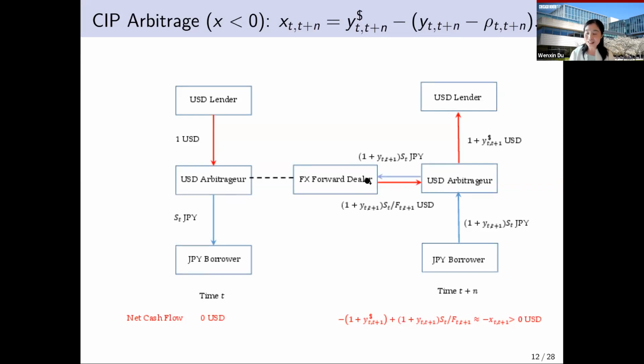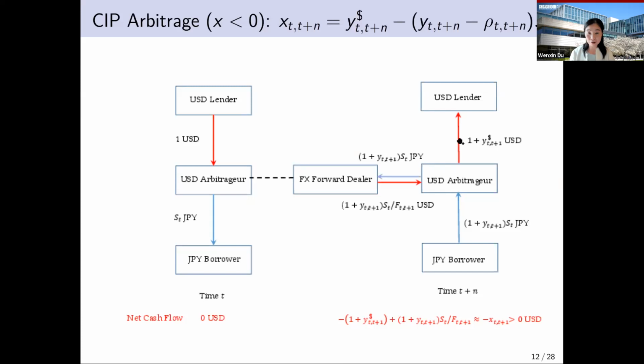The dealer is going to get the yen, give me dollars back at some predetermined forward rate, right? So this cash flow is certain from an ex-ante perspective. Of course, I have to repay. So the difference between the cash flow from the dealer versus what I have to repay is the cross-currency basis in absolute value, or your sure arbitrage profits.